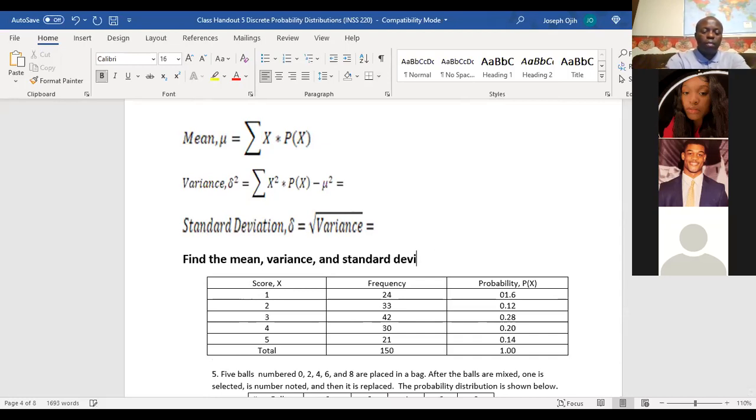Okay, and the mean, variance, and standard deviation of this. Okay. So to do that, we have our px already.